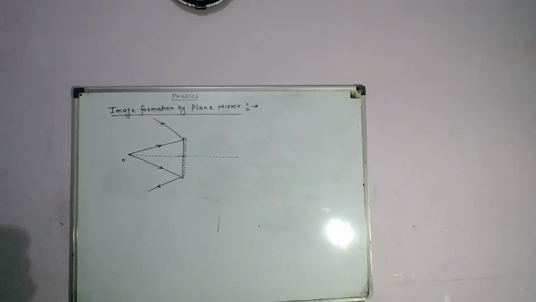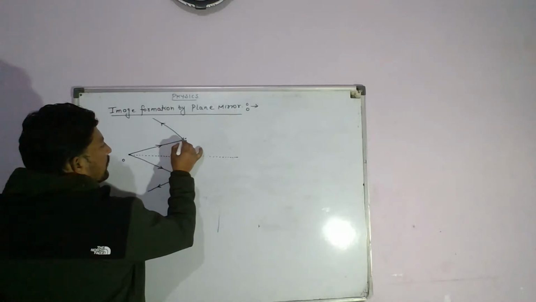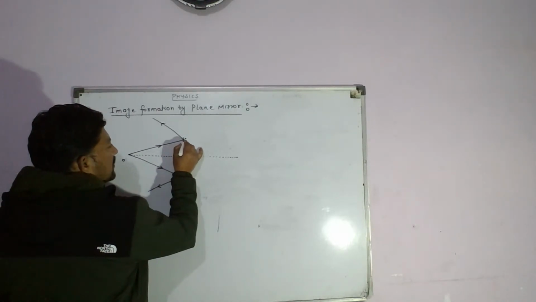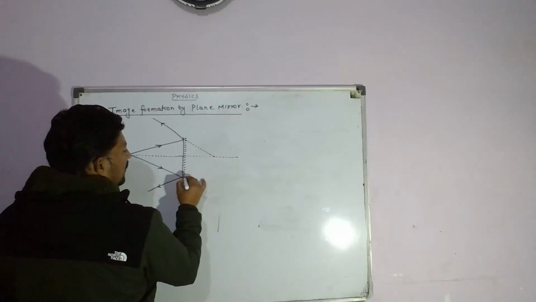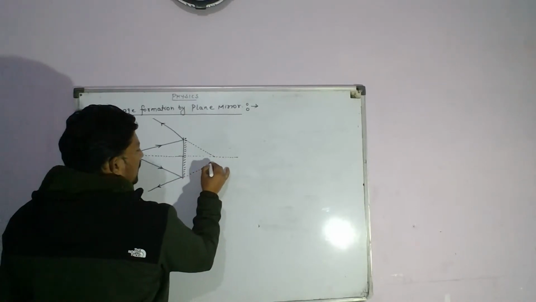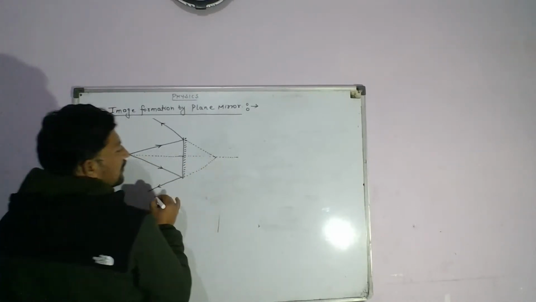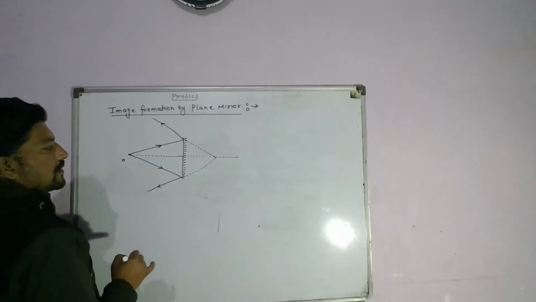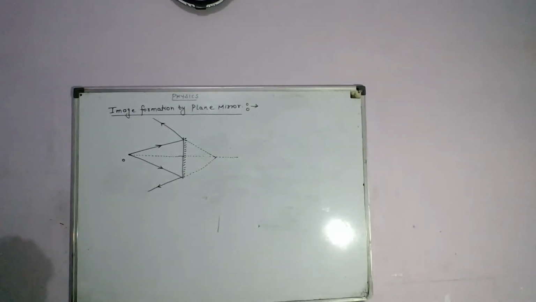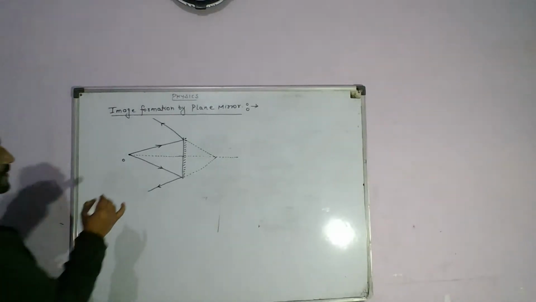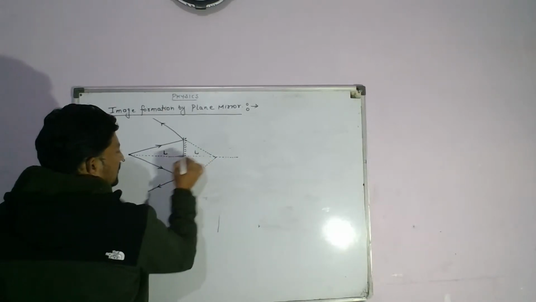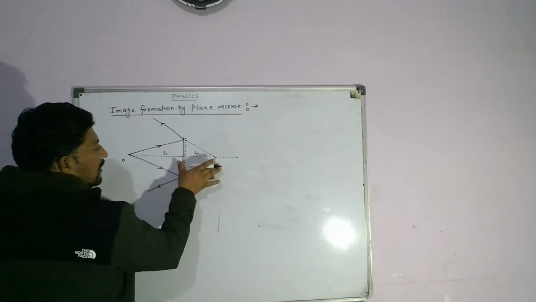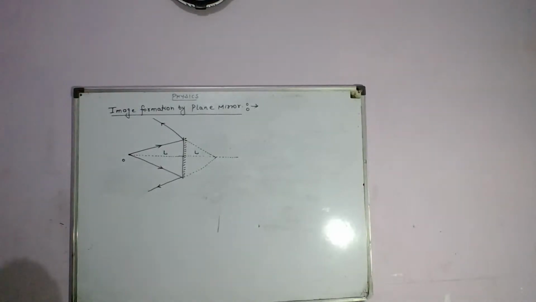After reflection, a virtual image is one that is not formed on a screen, meaning it is imaginary. The image is formed on the other side. Suppose this is distance L and this is distance L, so this is 5 centimeter and this is also 5 centimeter.